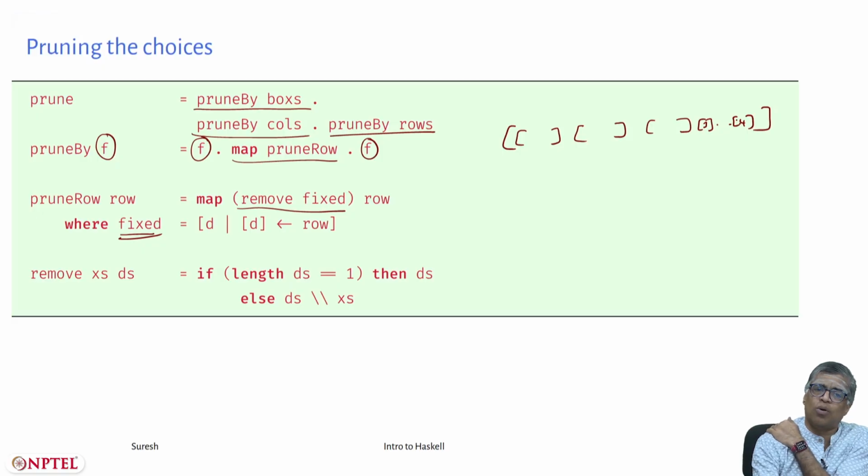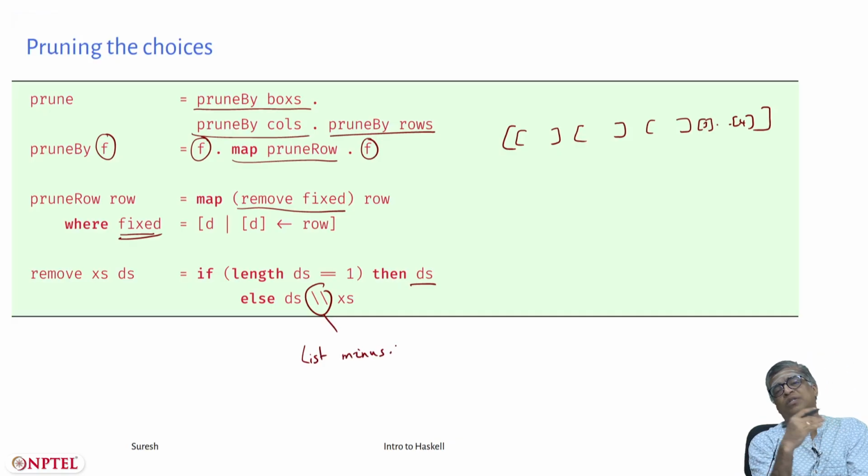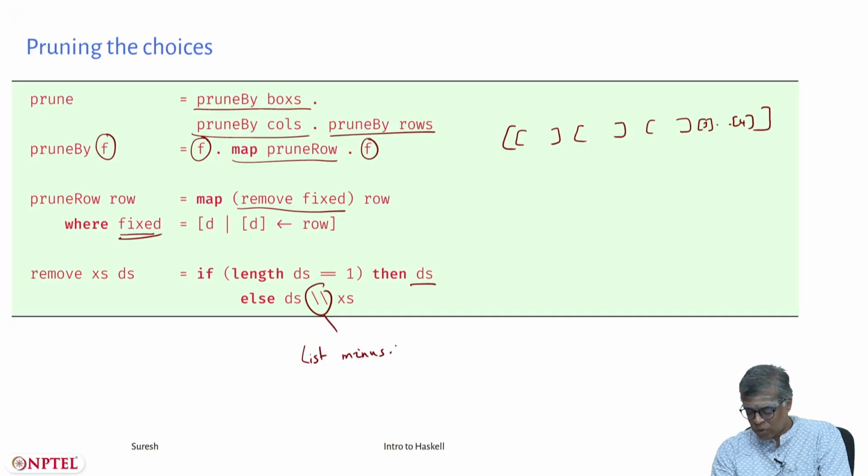And now I will go and remove. So I will map this remove fixed on all elements of the row. Remove fixed from ds means that if length of ds is 1, then ds is already part of a fixed element, then I shouldn't touch it, I should just return ds. Otherwise, I will do ds minus minus xs, where minus minus is list minus: all elements in ds minus all elements in xs. Okay.